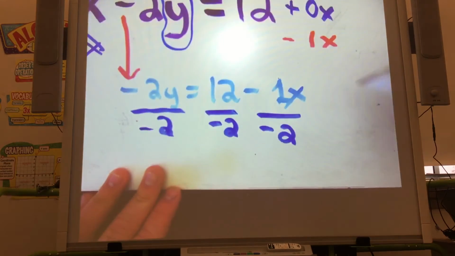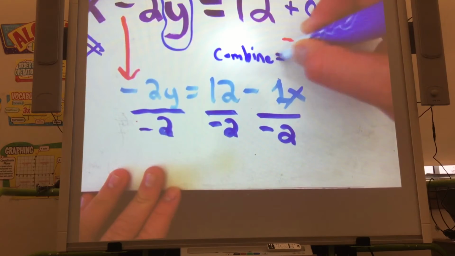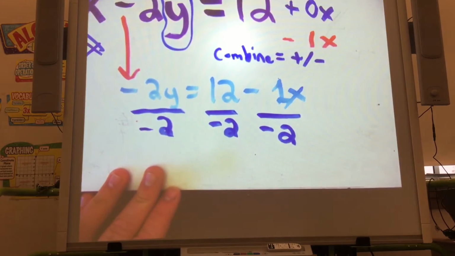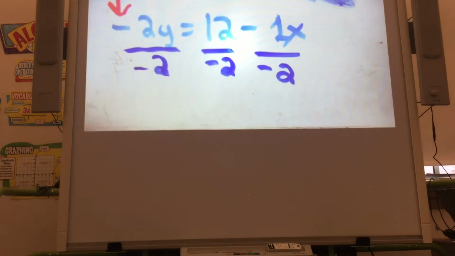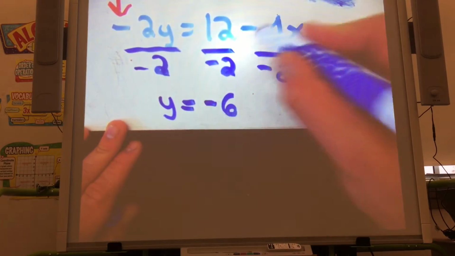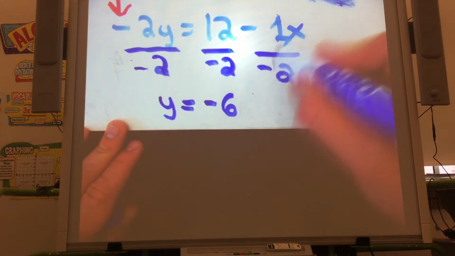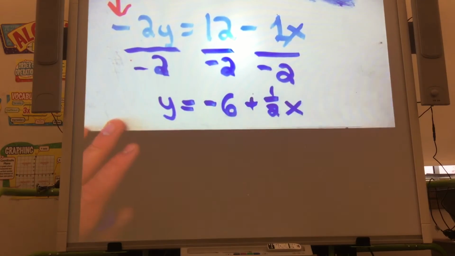Sure, you can't. But combine, that vocabulary word just means add or subtract. Dividing is a different story. We can divide by the coefficient, and now we end up having y equals negative 6, negative 1 divided by negative 2 plus 1/2 x.